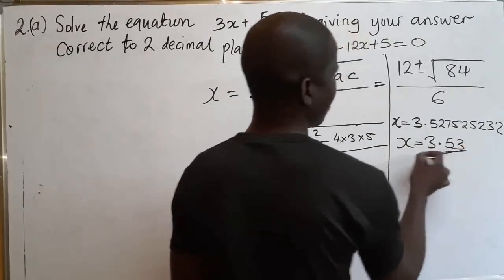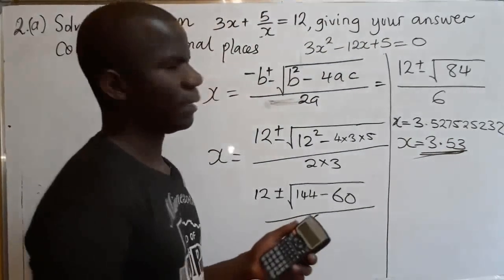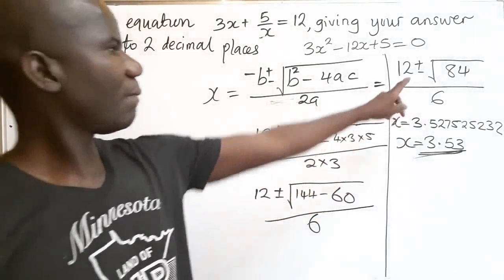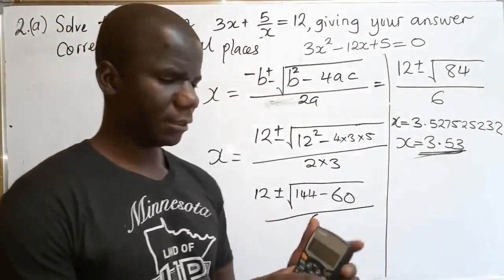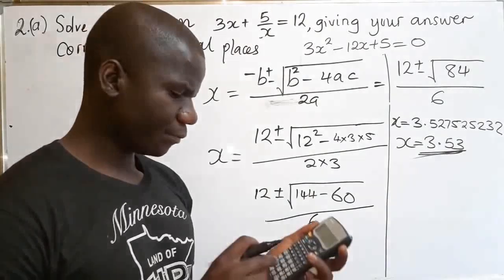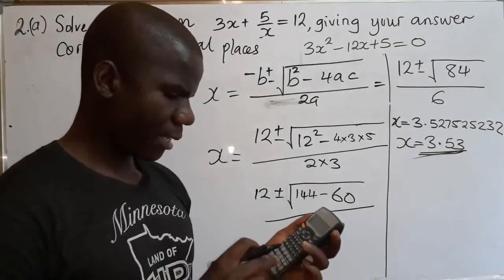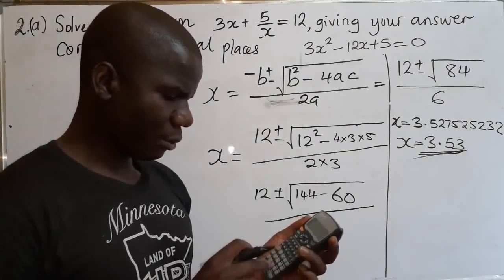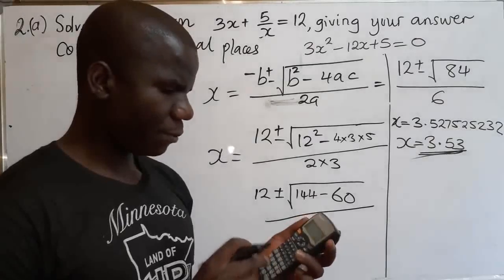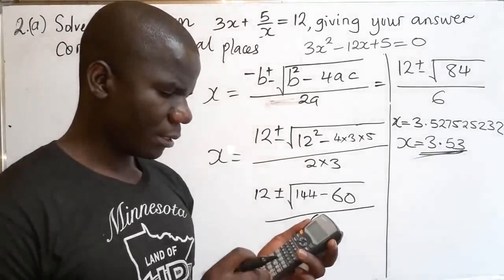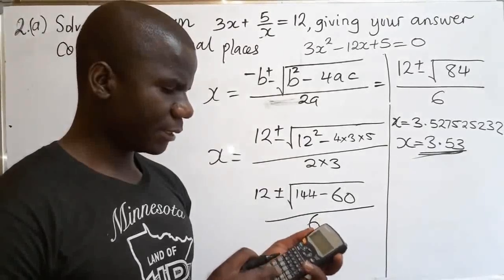3.53. Then the second one, we say 12 minus the square root of 84 equals, then divide by 6 also.